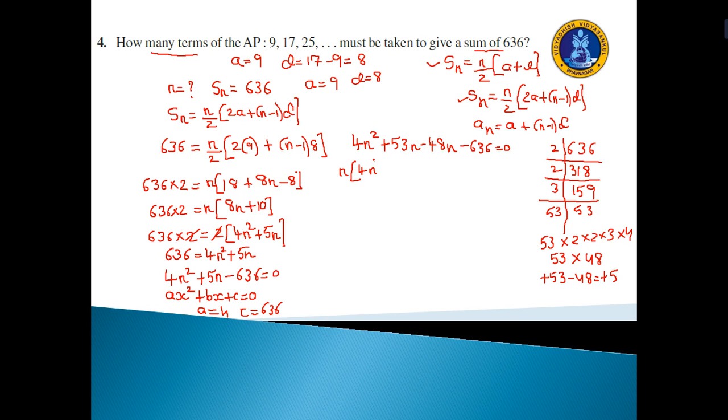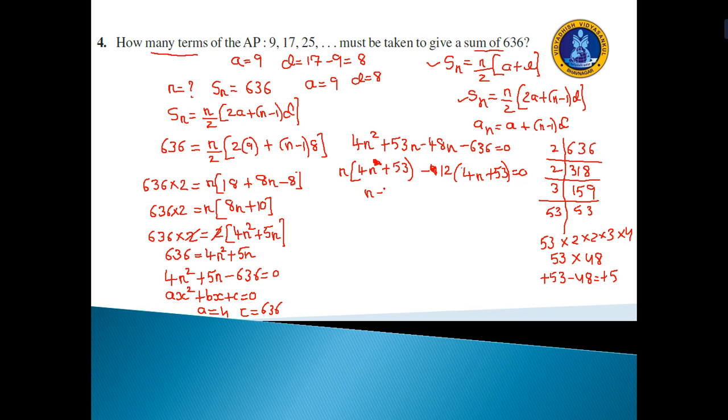So 4n square plus 53n minus 48n, sorry, minus 12. Here we have to write 12. Then if I take n common, then n into (4n plus 53) minus 12 into (4n plus 53) is equal to 0.